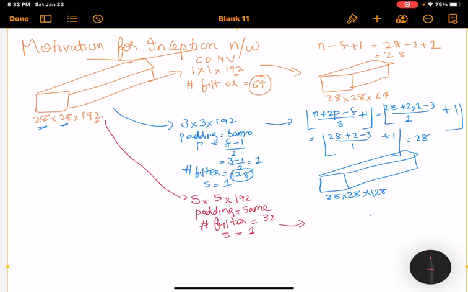So since I have used padding equal to same, that means I will have the NH and NW the same as that of my input. So I will have again a 28 cross 28 image, but now with a channel of 32, because that is what my number of filters is.